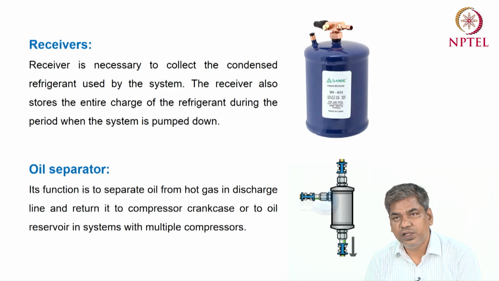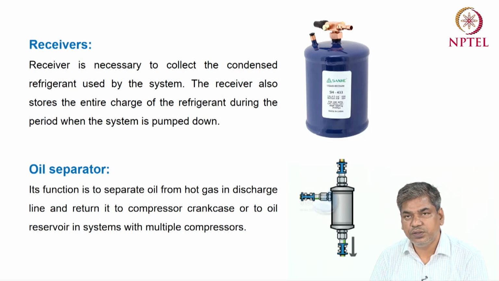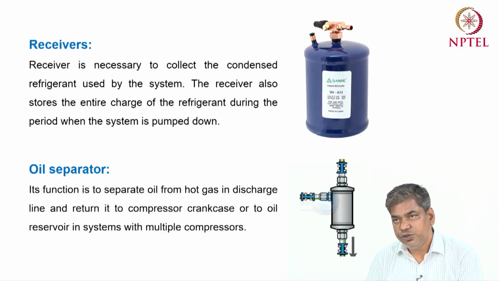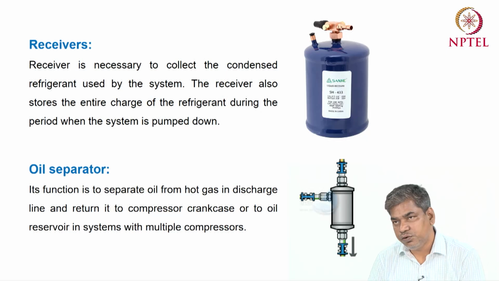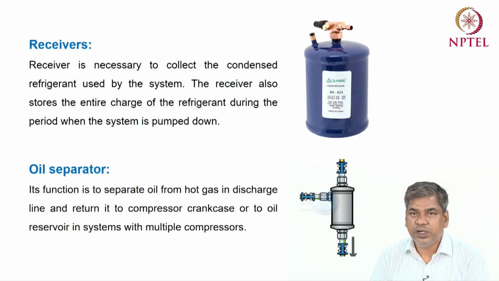I have already told you that some refrigerants are not miscible with the lubricant or the oil. So for that case, we need an oil separator after the compression process. After the compressor, the refrigerant will go to the oil separator, which has one inlet and two outlets. The oil and refrigerant will be separated out, so on one side we get the oil and on the other side we get the refrigerant.